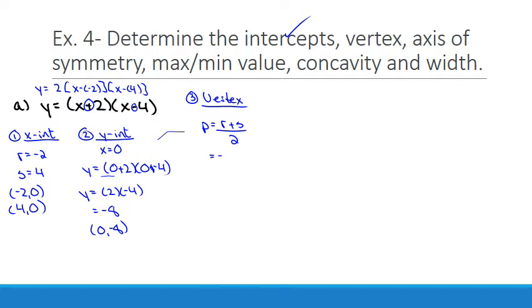So my r value is negative 2, plus my s value, which is 4, divided by 2. 2 over 2 equals 1. So the x-coordinate of the vertex is 1.